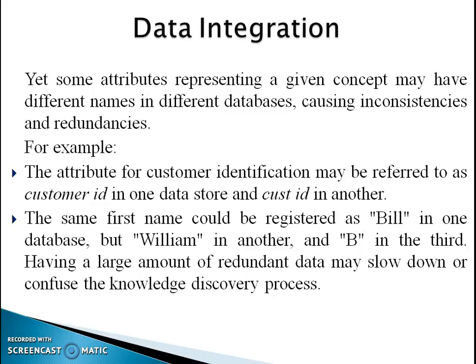In the same way, the first name of a person could be registered as Bill in one database, William in another database, and third, we may have a large amount of redundant data, because having a large amount of redundant data may slow down or confuse our knowledge discovery process.